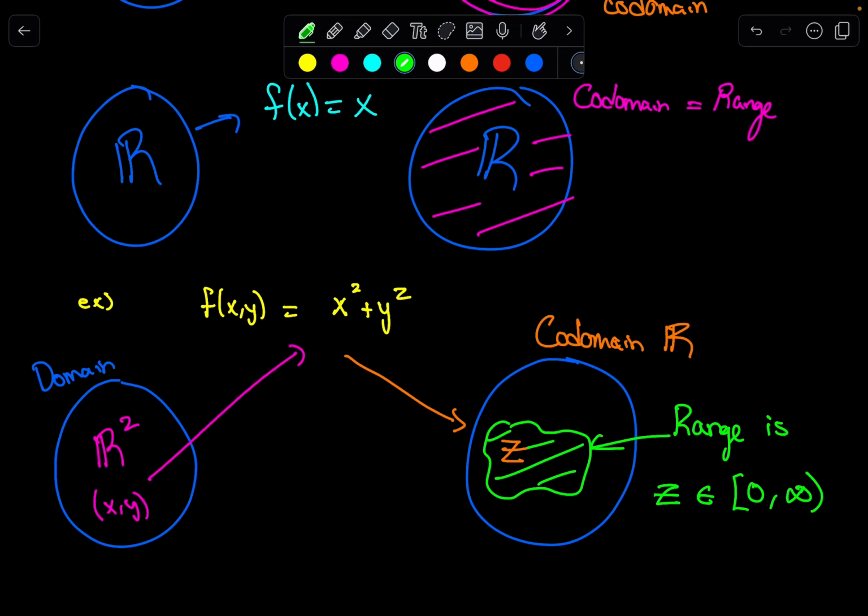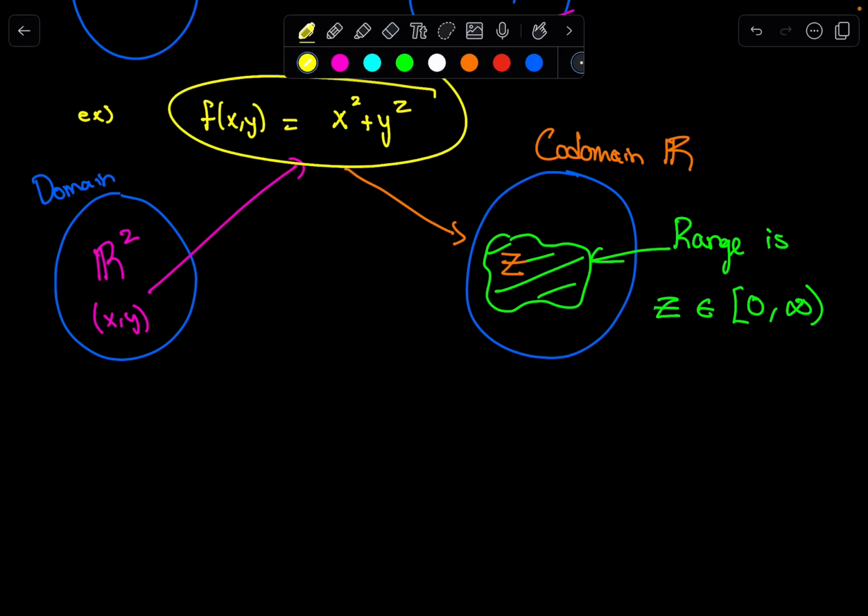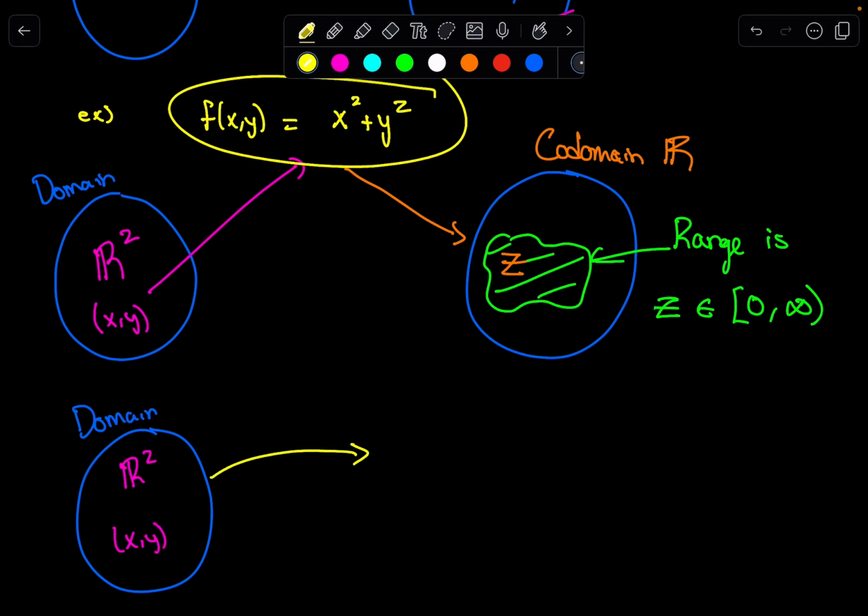Okay. Now, another way we could have viewed this instead: maybe I want this thing to map to the 3D point x, y, z. So if you decided to look at this in another way, you could say that the domain, again, is R2 space. It's collections of x and y's. And you could say that our map takes us to R3 if you wanted.